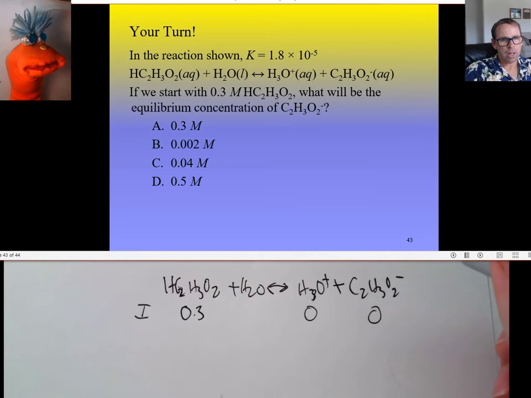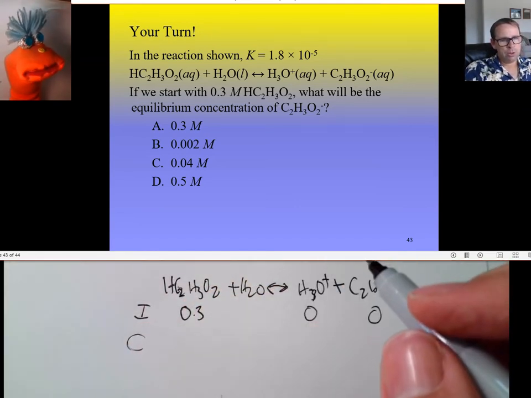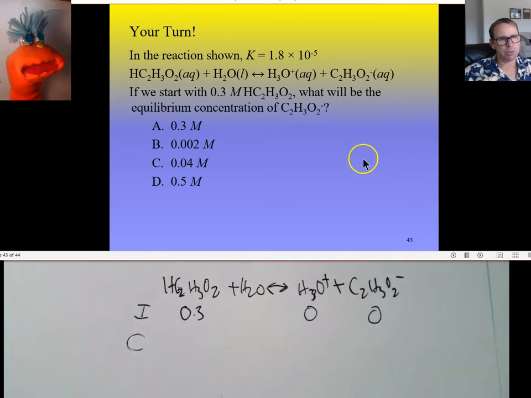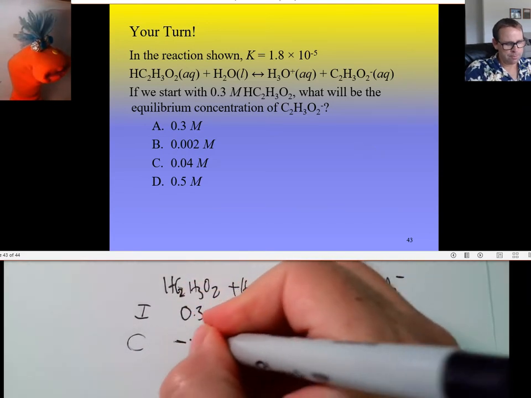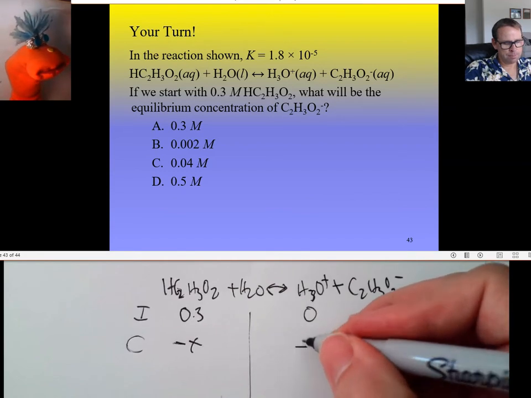Right. Okay, now what will the final concentration of this be? Well, we have to find the shift first, the change. Very good. We're going to lose reactants and gain products, and the stoichiometry is 1 to 1 to 1 to 1, right? Yeah, so just minus x for the reactants, and this one we don't care about, plus x for the products.